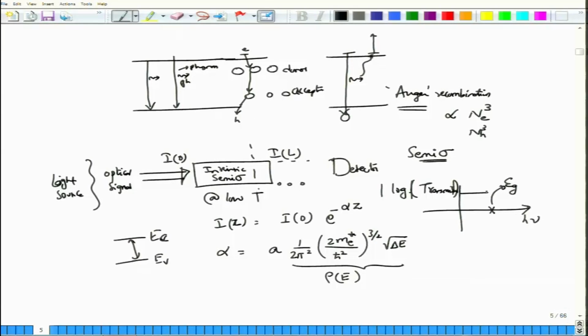Purely from the semiconductor perspective, there is not sufficient energy for the electrons in the valence band to absorb that and then move into the conduction band. So the transmission will be almost equal to unity.